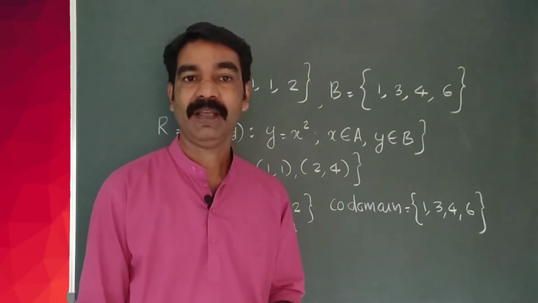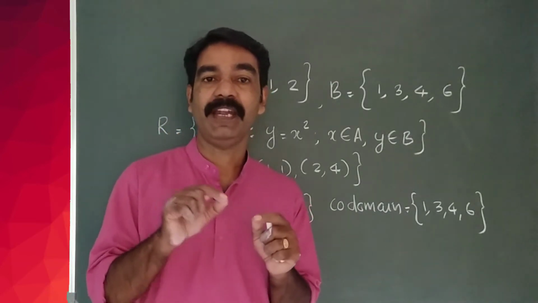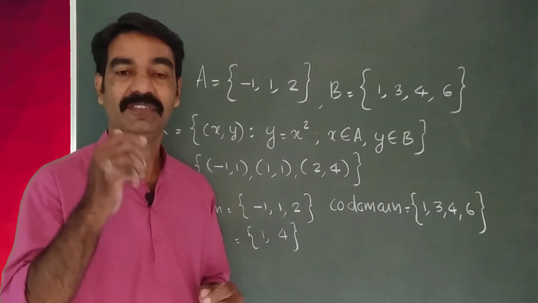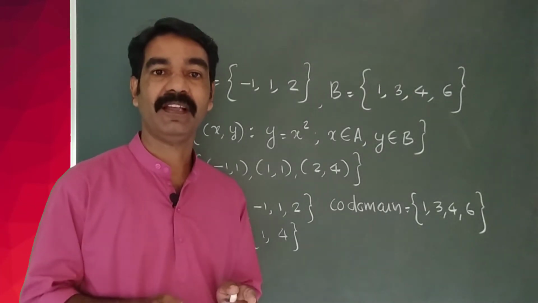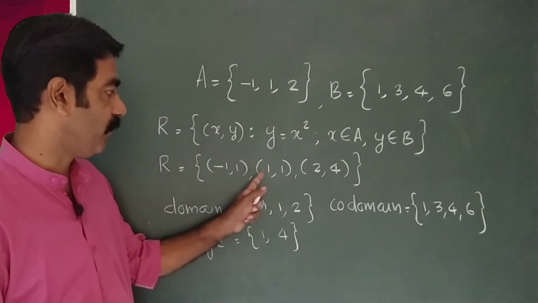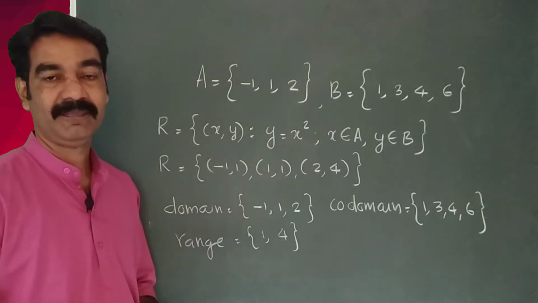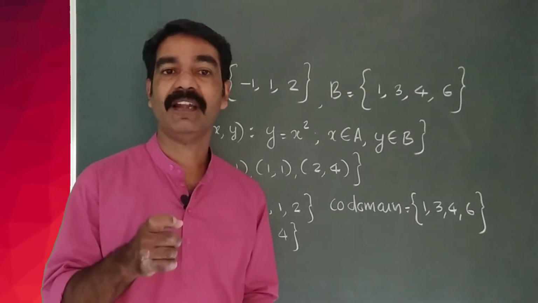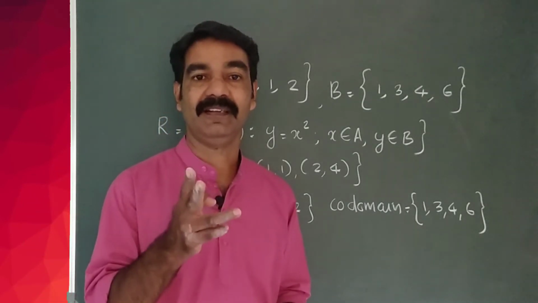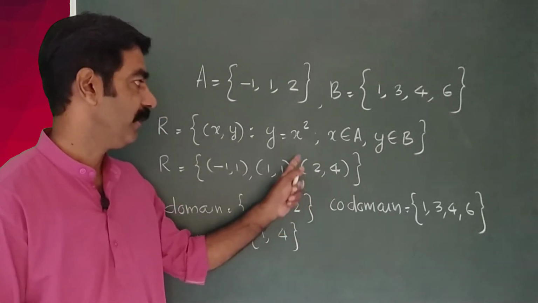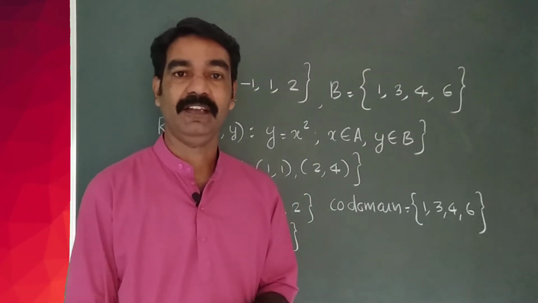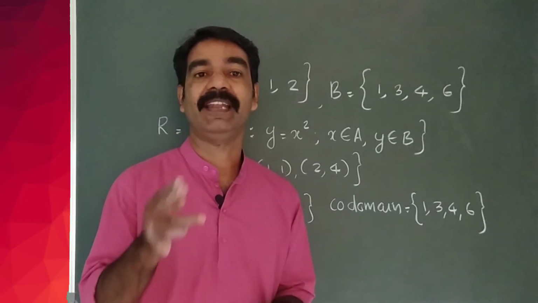Now, a relation from A to B, we can represent in ways. Algebraically, we can write either in roster form or in set builder form. If we represent it visually, by drawing a picture, that's called an arrow diagram.